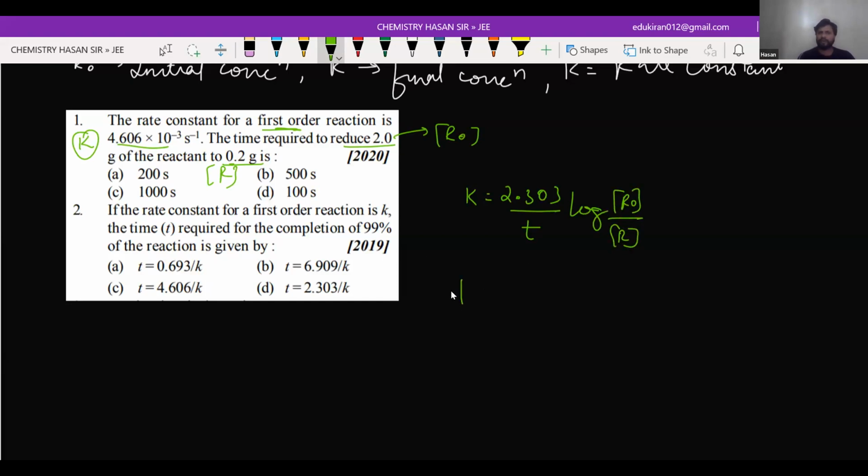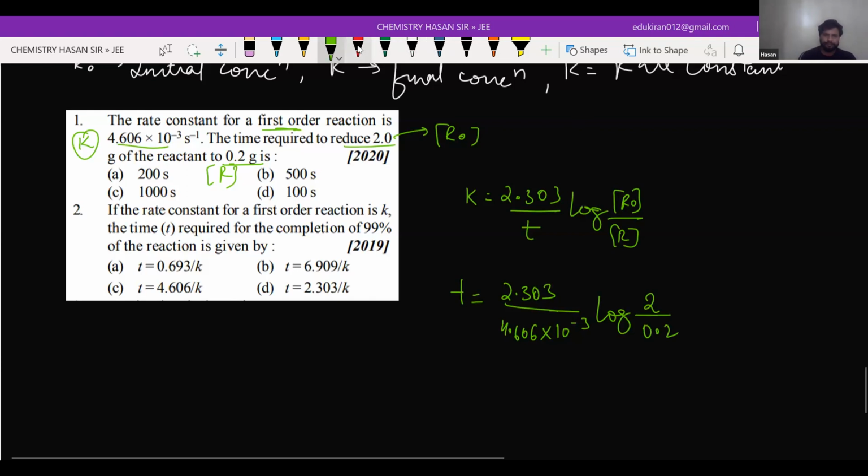We need to calculate time. So time will be equal to 2.303 upon K, which has a value 4.606 into 10 raised to the power minus 3, log of initial concentration, that is 2, upon final concentration 0.2. Very good, Harith. So this will be cancelled by 2 times, right? So it becomes 1 by 2 into 10 raised to the power 3. And this will be cancelled, 10 will be here.